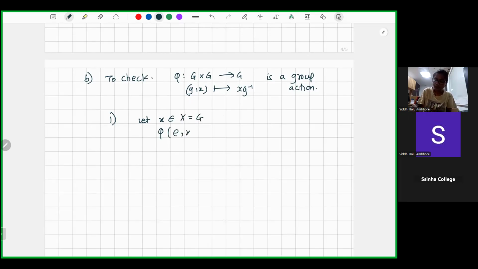is X into E inverse. But E inverse is again my E. Okay, so this is X into E, and that's X because E is the identity of the group, and XE is equal to X is equal to EX.